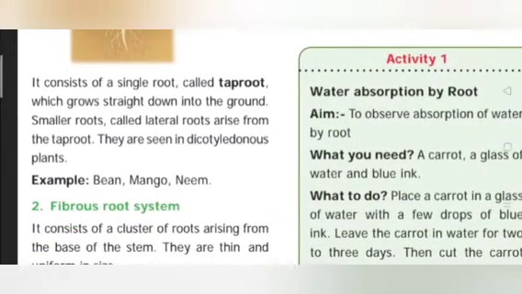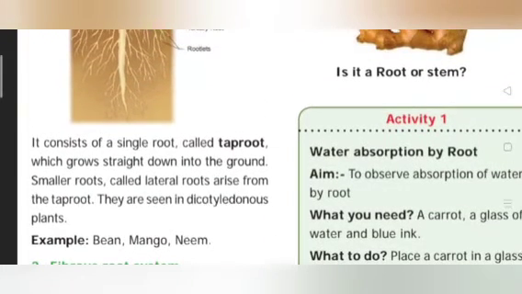Especially, for example, bean, mango, neem, all these have this taproot system. Have you ever seen the sprouting out of this bean, mangoes and neems?